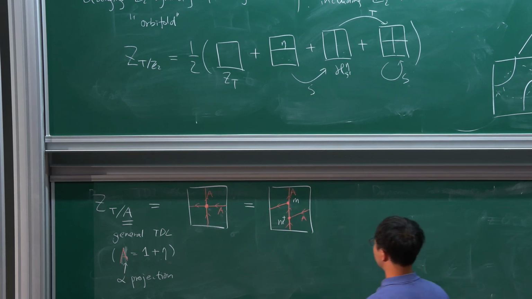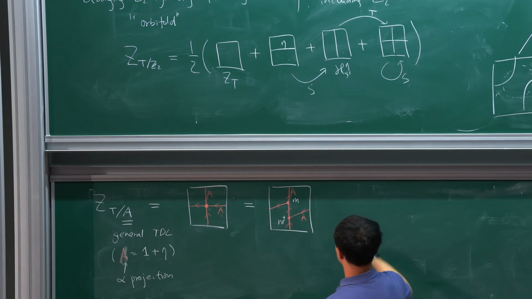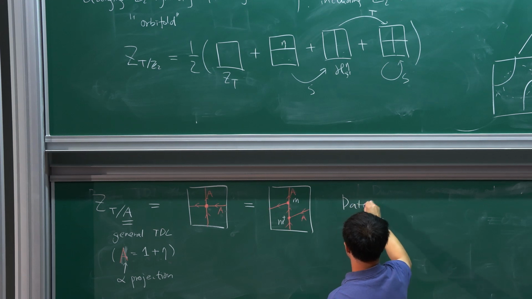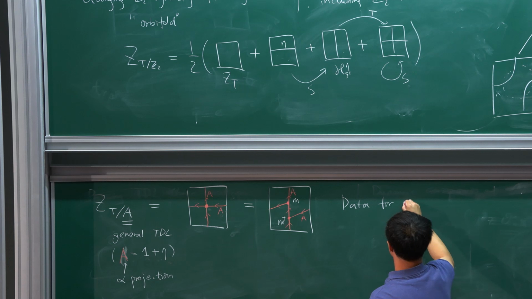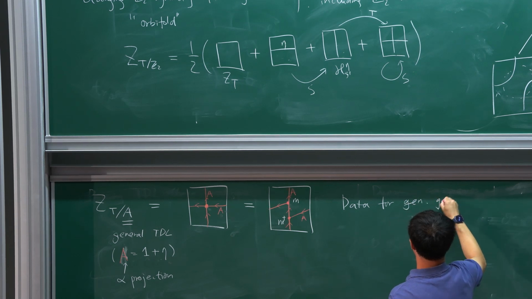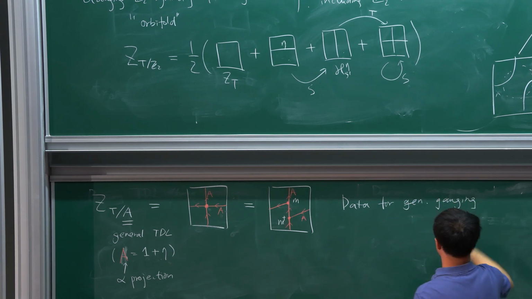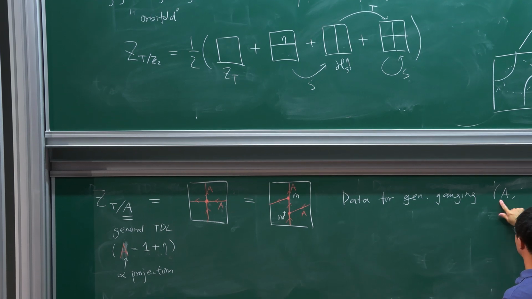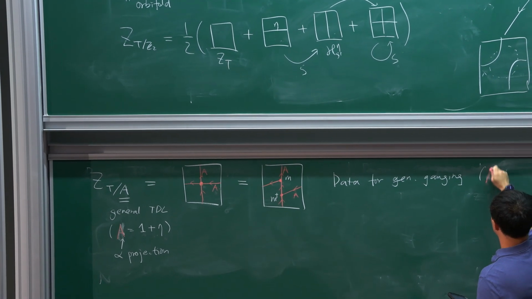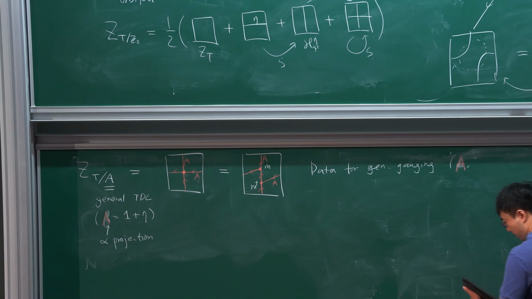So the data of generalized gauging amounts to specifying this composite topological object A. Let me again use A to emphasize.